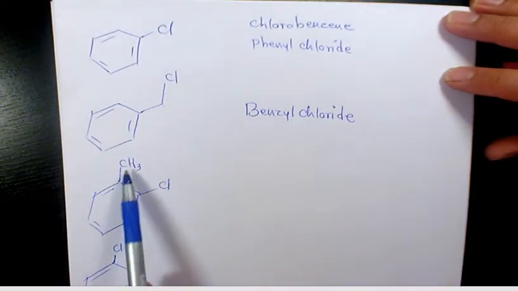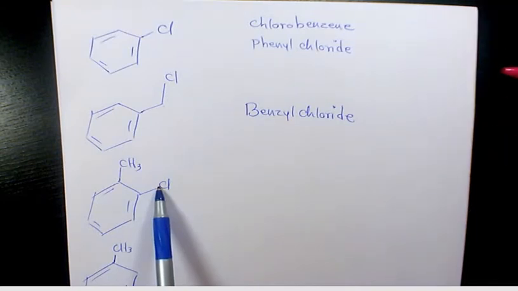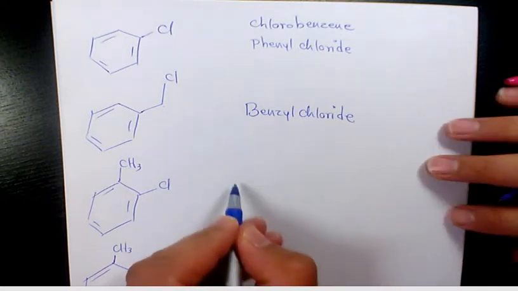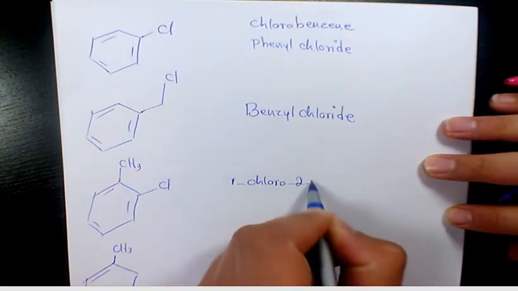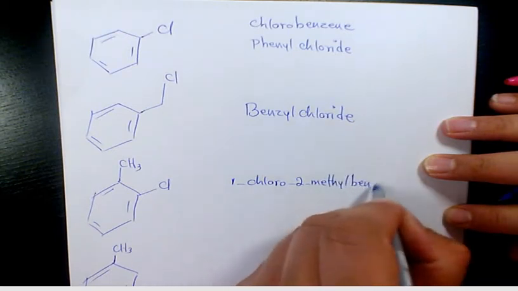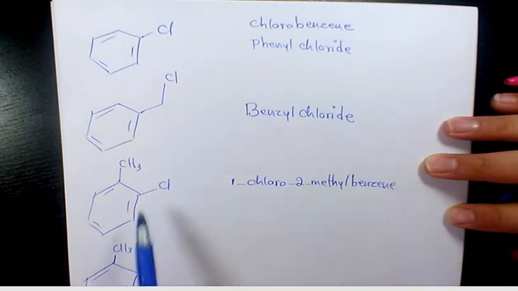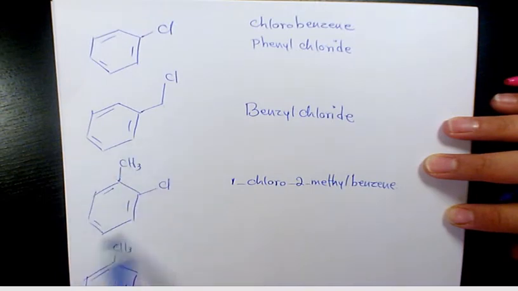Next one, we have a methyl group here and chloride here. So that's going to be 1-chloro-2-methylbenzene. Or you can say this one is going to be 2 with respect to this one if we consider the whole thing as toluene.